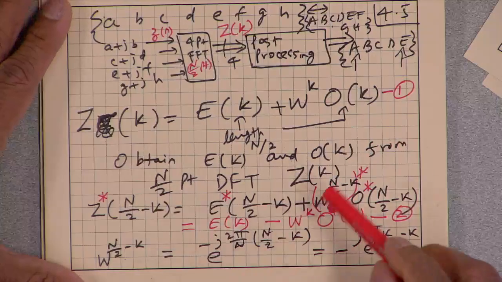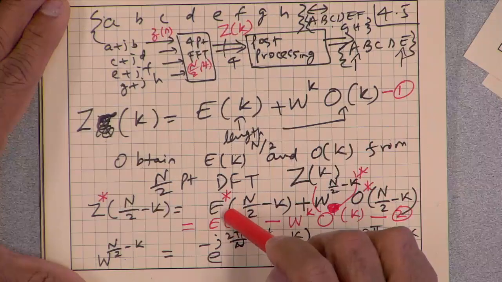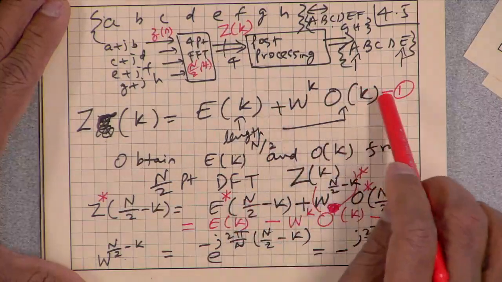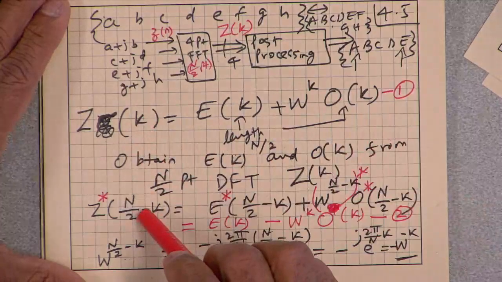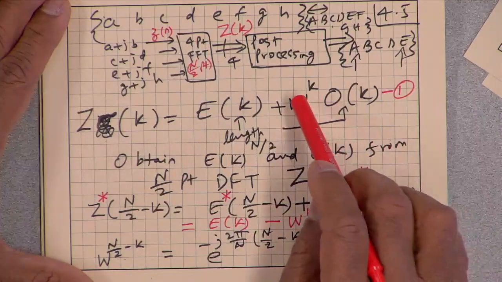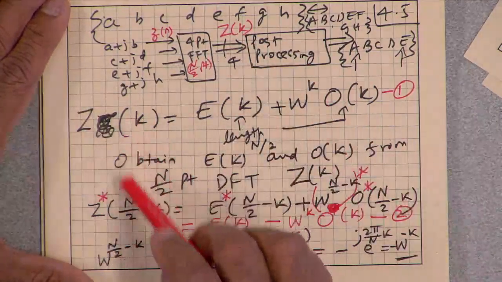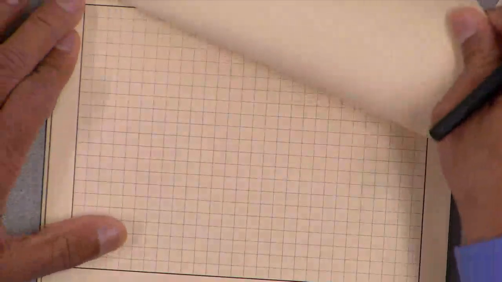How do I get Ok? Subtract, Ek cancels out, minus becomes plus. So 2 times Wk times Ok is equal to this minus that. And Ok is going to be, bring this to the other side, W to the power minus k times a half times this minus that.